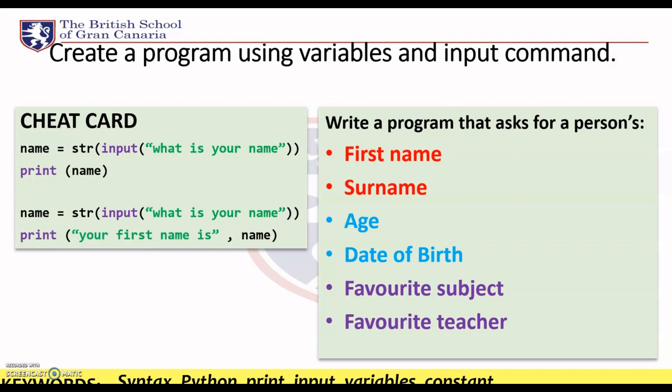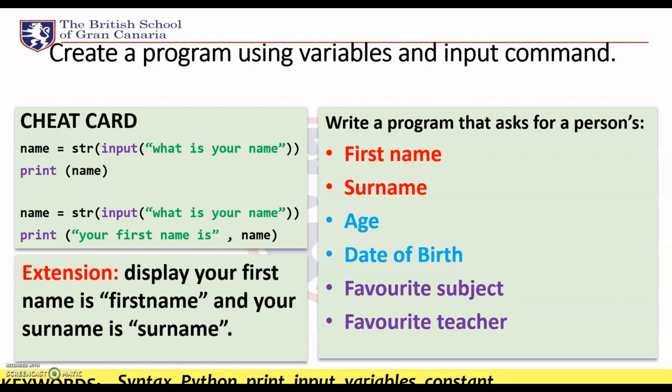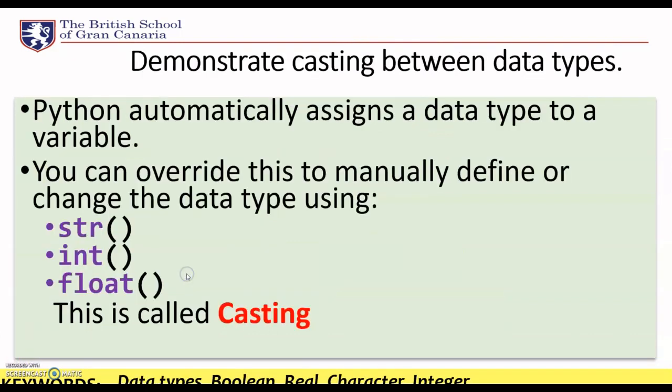We sort of worked on this a little bit last week. I'd like you to create a program with all of those and put in the correct data types. I'm going to pause this video. When you're finished, replay the video, press play, and then we'll move on to the next task. Welcome back.